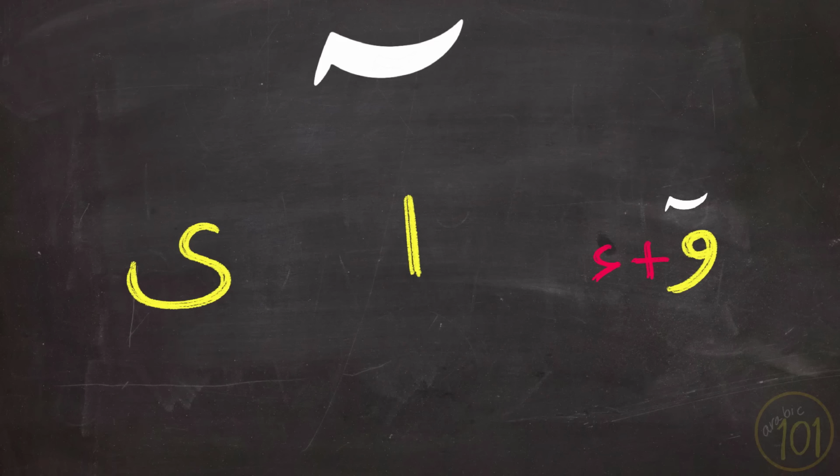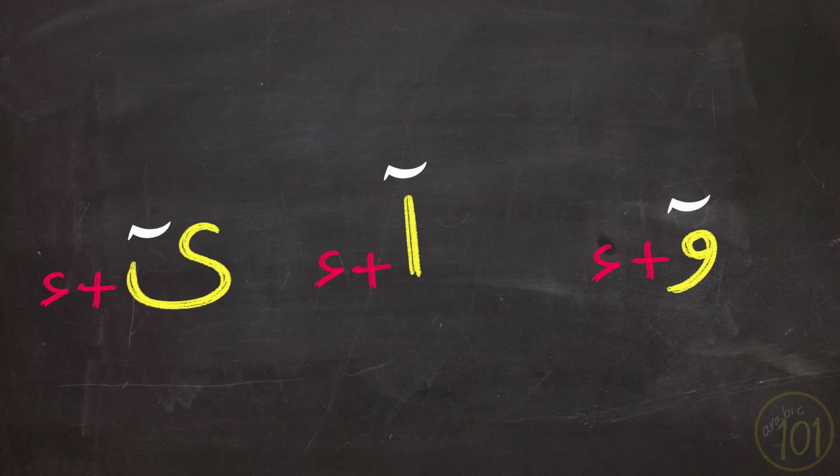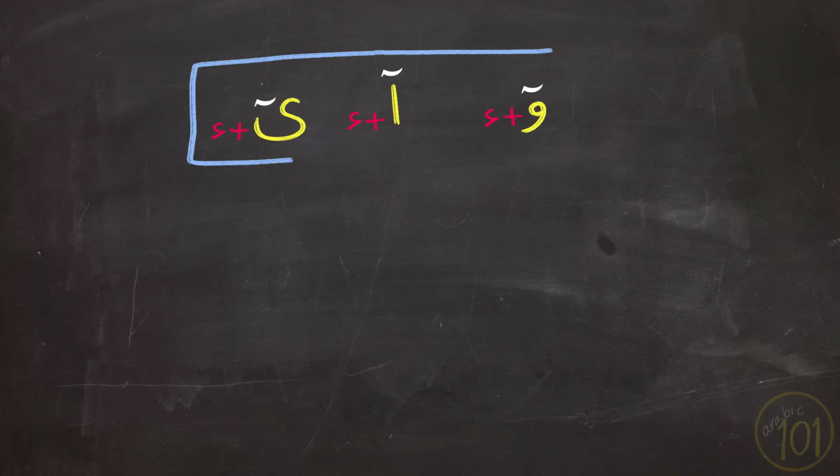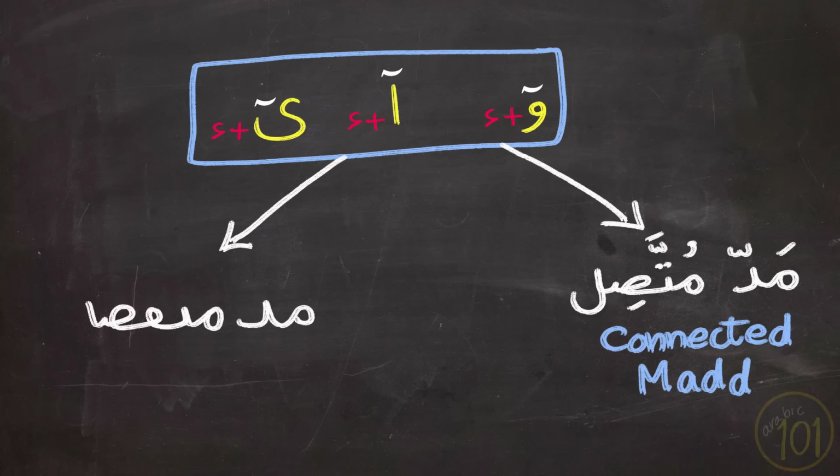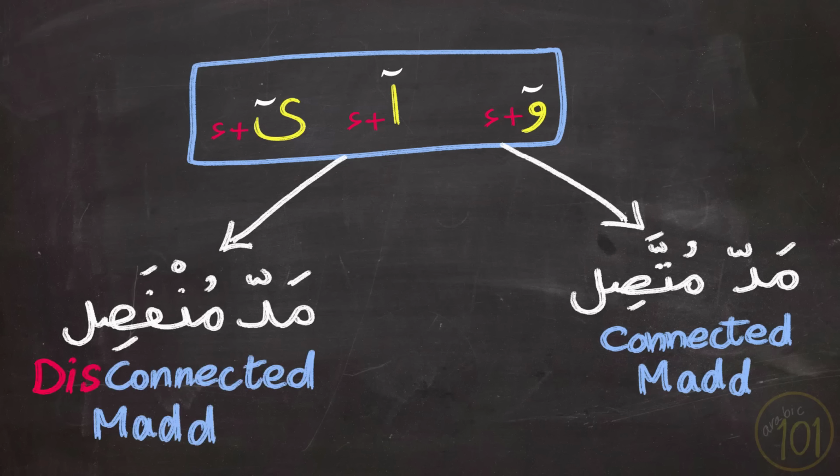And if there is a hamza that came after them, it will cause them to be extended for longer than 2 harakat, which we call med muttasil, or in English, connected med, or med munfasil, or in English, the disconnected med.